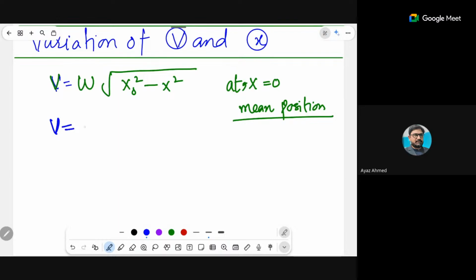What will be v at mean position according to this equation or according to this discussion? It will be omega x naught. Yes. Any question from anyone?